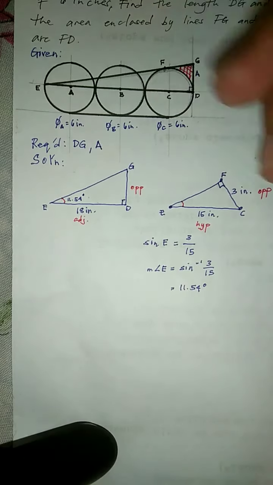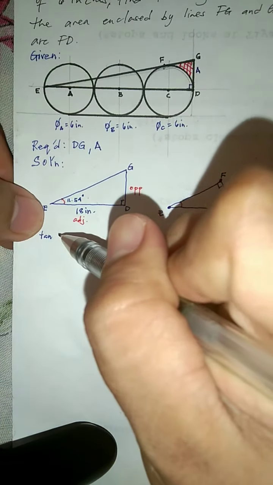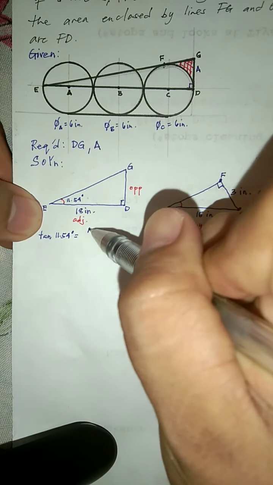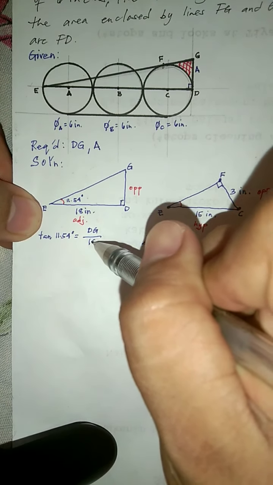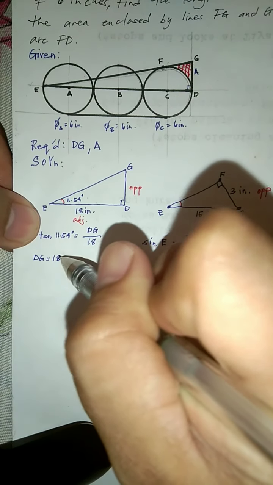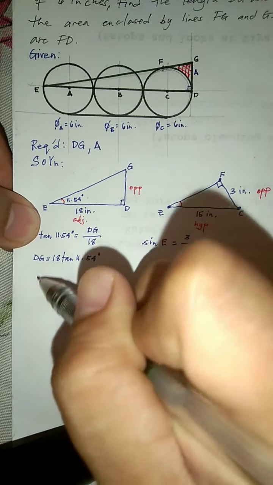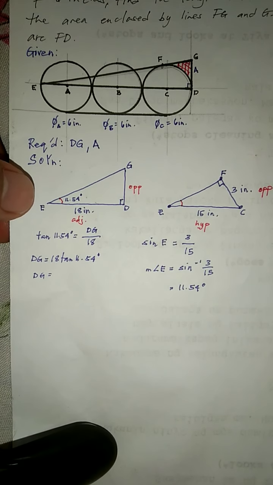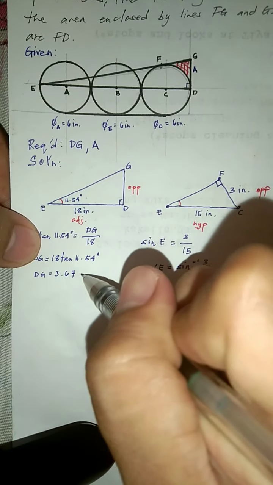So we can use the tangent function. Tangent of angle E, which is 11.54 degrees, is equivalent to the opposite, which is DG, over the adjacent, which is 18. So DG is 18 tangent of 11.54 degrees, or DG is equivalent to 3.67 inches.